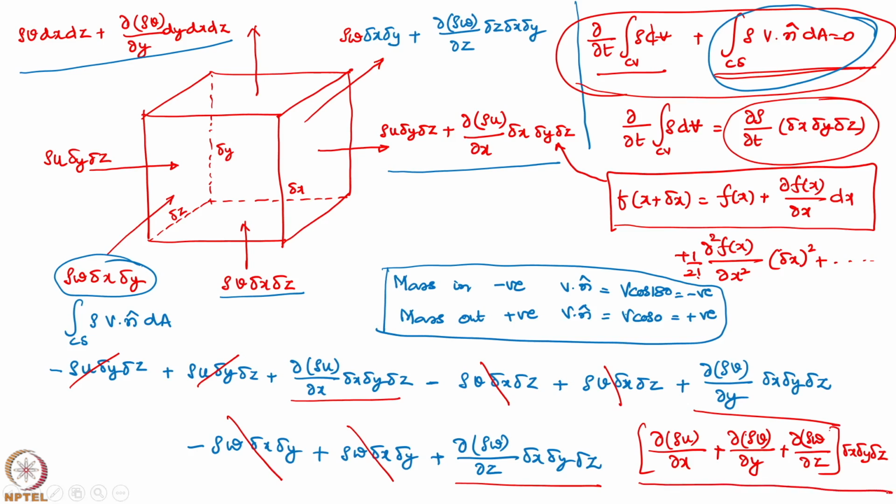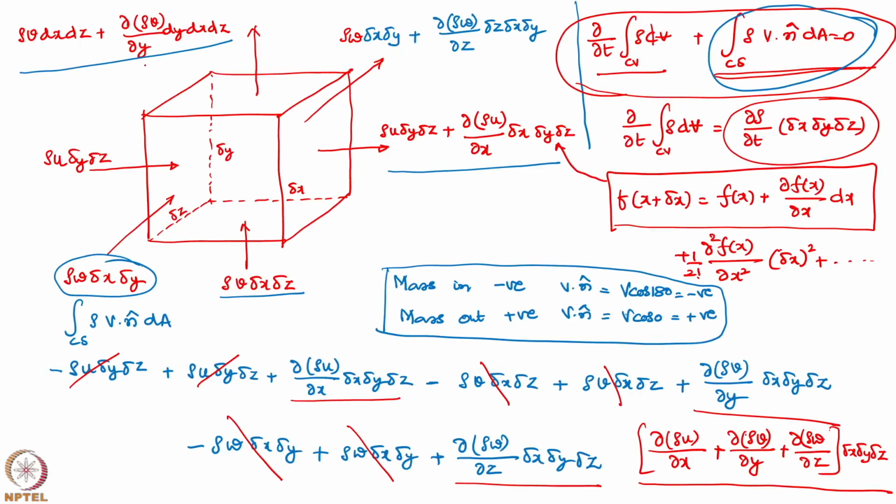So if you take delta x delta y delta z as common, you get dou rho by dou t, this is coming from this term, but I am not writing delta x delta y delta z because I have taken it common, plus dou rho u by dou x plus dou rho v by dou y plus dou rho w by dou z is equal to 0.